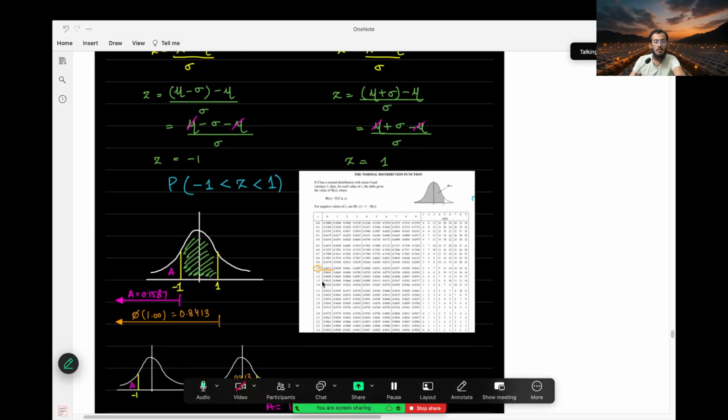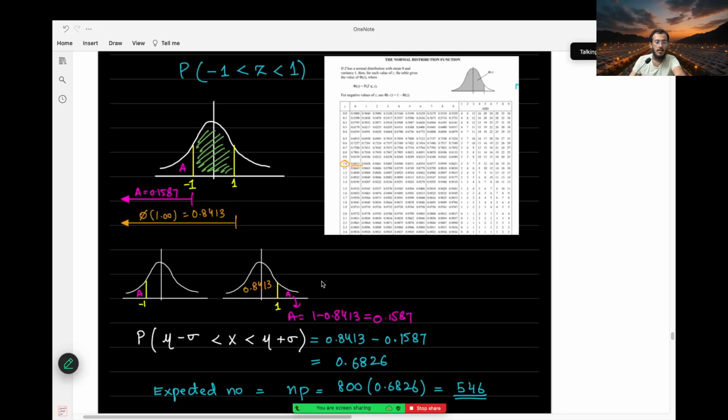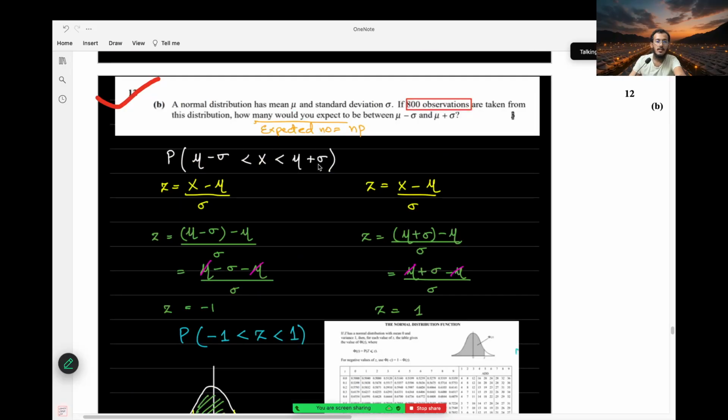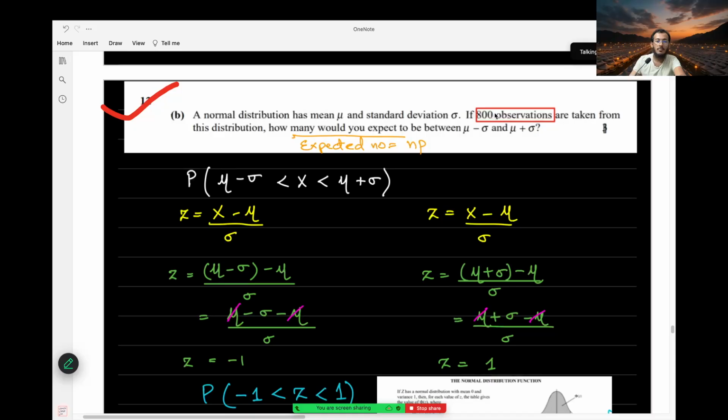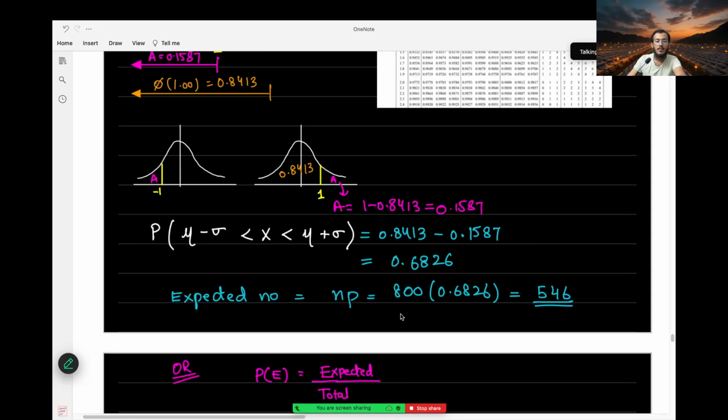Okay, so the probability is 0.6826 and the final answer is 546. How many would you expect? From 800 observations, it is an integer, so the final answer should be 546.